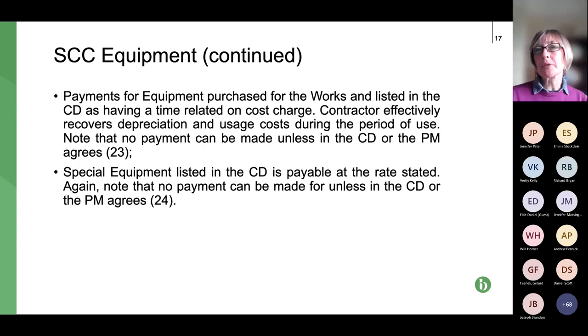You're not entitled to any payment unless the project manager agrees through the project. Now, if this was my contract, if I were the contractor or subcontractor, I wouldn't want to be relying on the project manager being generous. So it really needs to be included in the contract data. They're quite onerous clauses, those. Next slide, please.